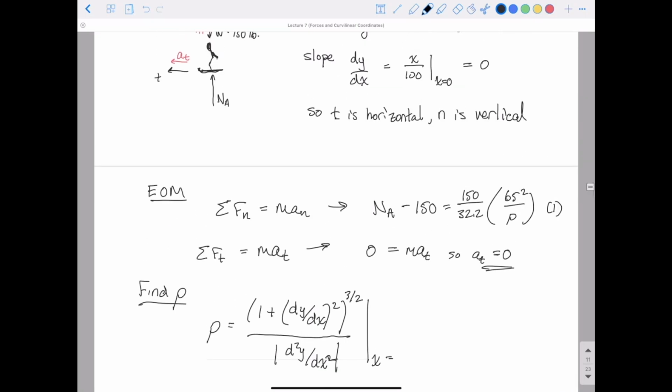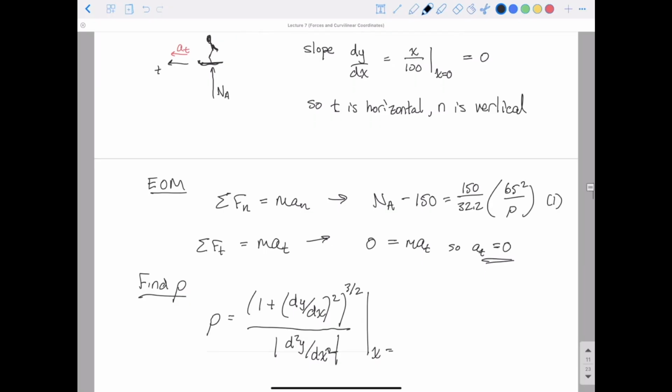So our derivative, dy dx, is x over 100. So we know our first derivative. We have 1 plus x over 100 evaluated at x equals 0, which is just 0.